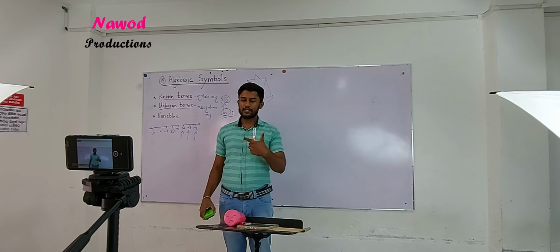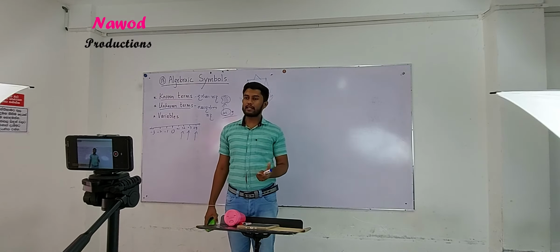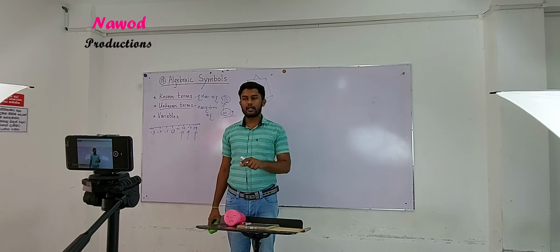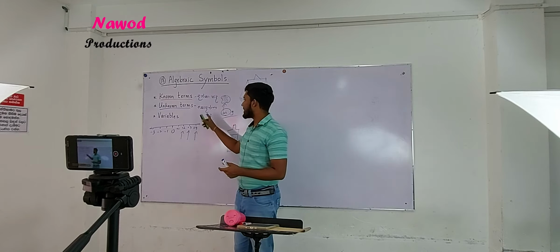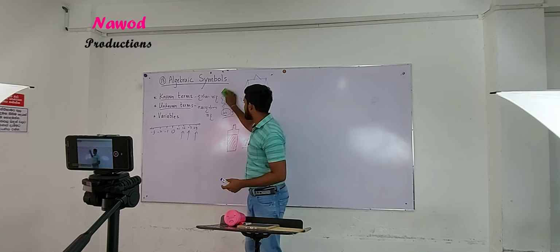That means in the English alphabet, simple letters are used to denote algebraic symbols, or unknown terms.